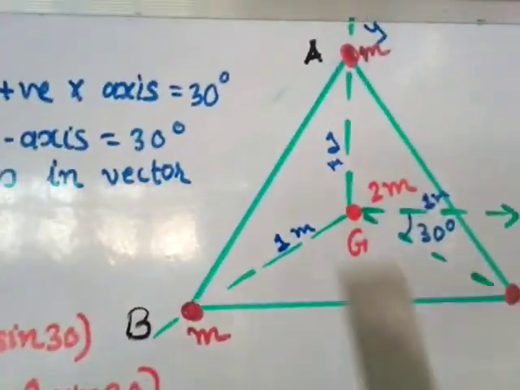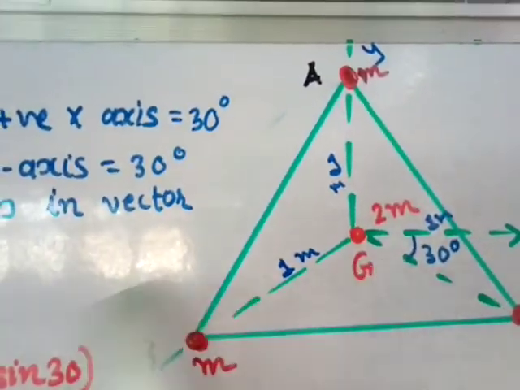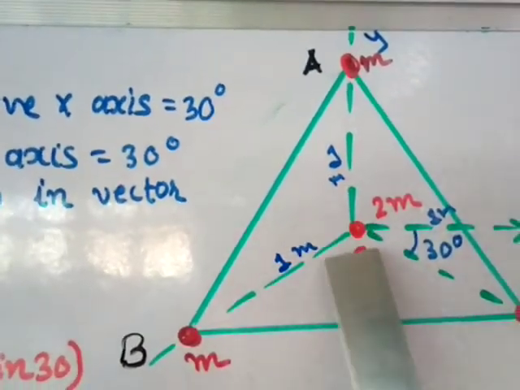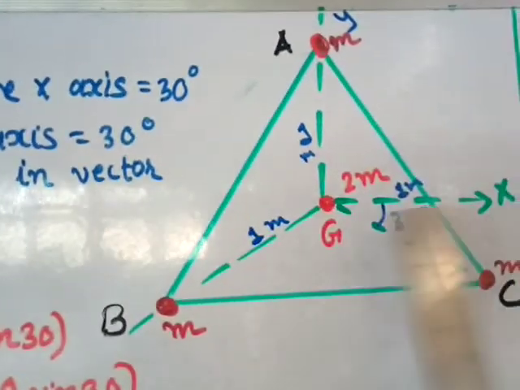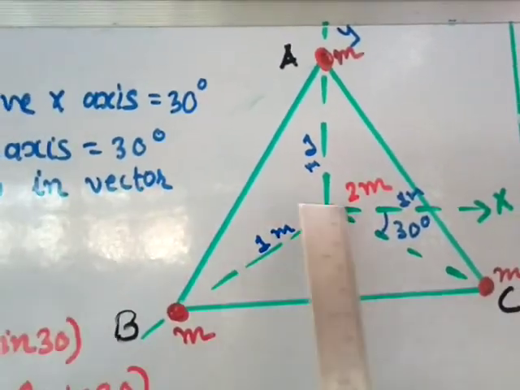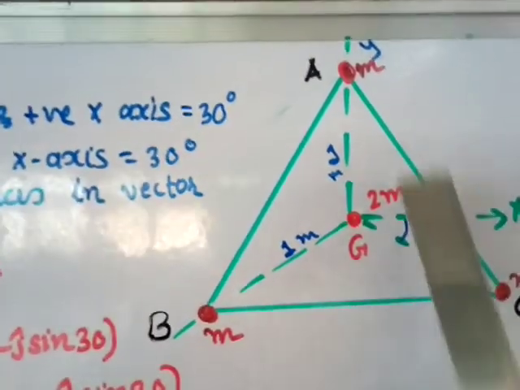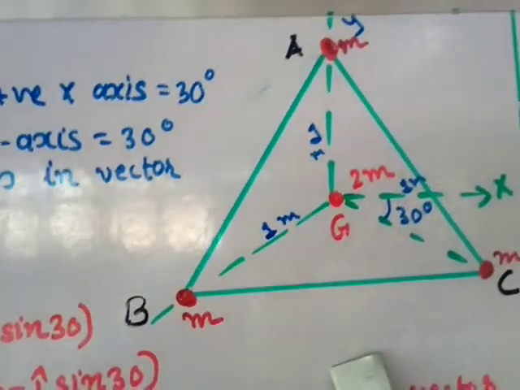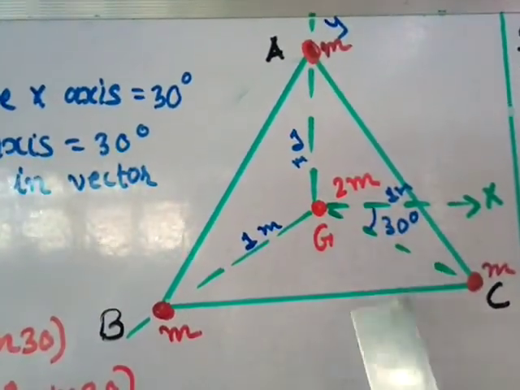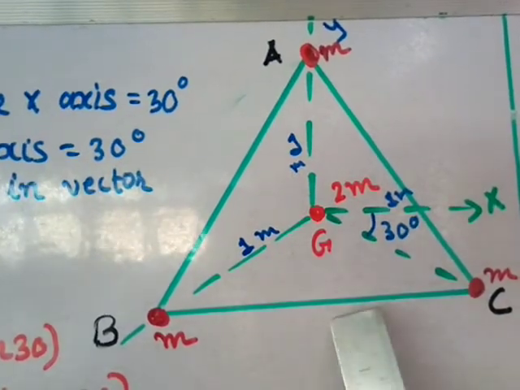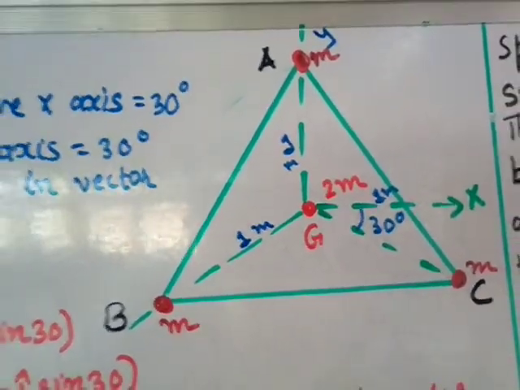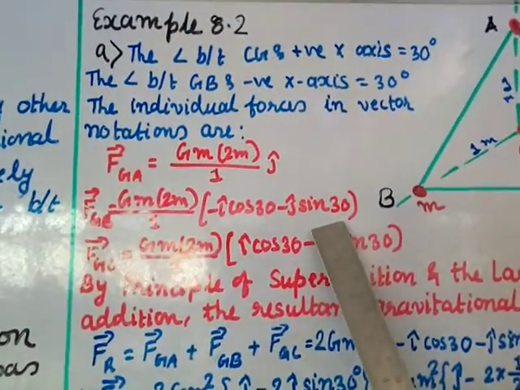This side is positive i cap and this side is negative i cap, because it is the negative x-axis. Similarly the y-axis is towards below, so we take it negative: minus j sin 30.